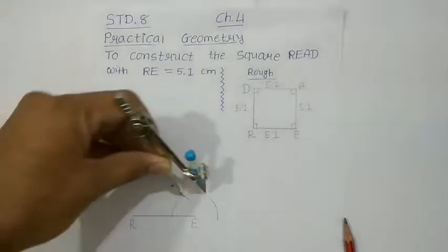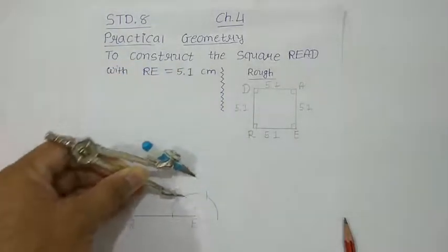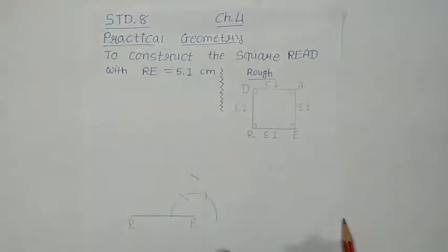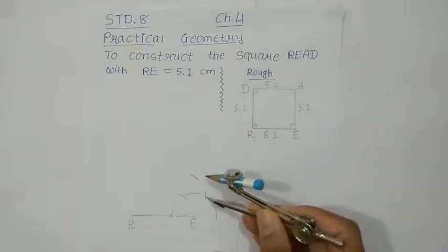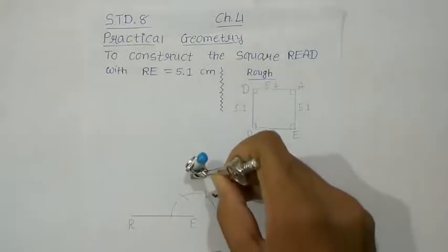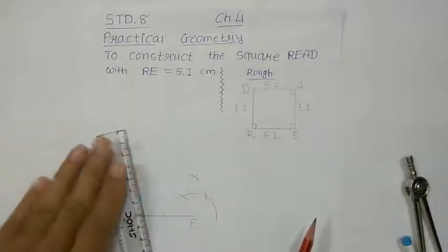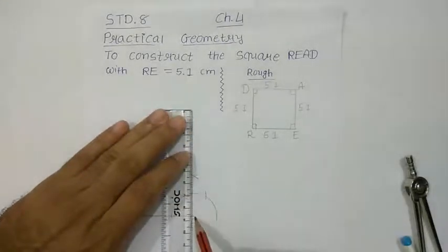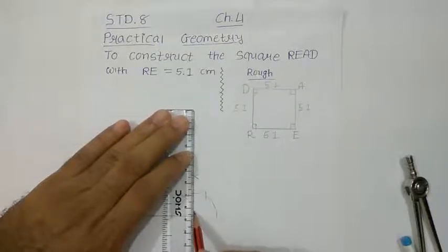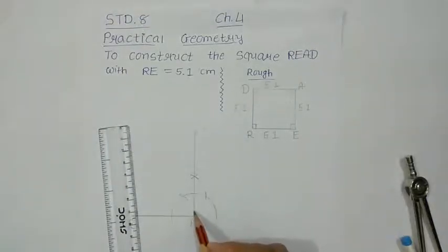In the same way, with the same radius, we make one more arc from the second point which intersects the previously drawn arc. So here we get one more point, and when we join this point with E we get exactly a 90-degree angle, correct?